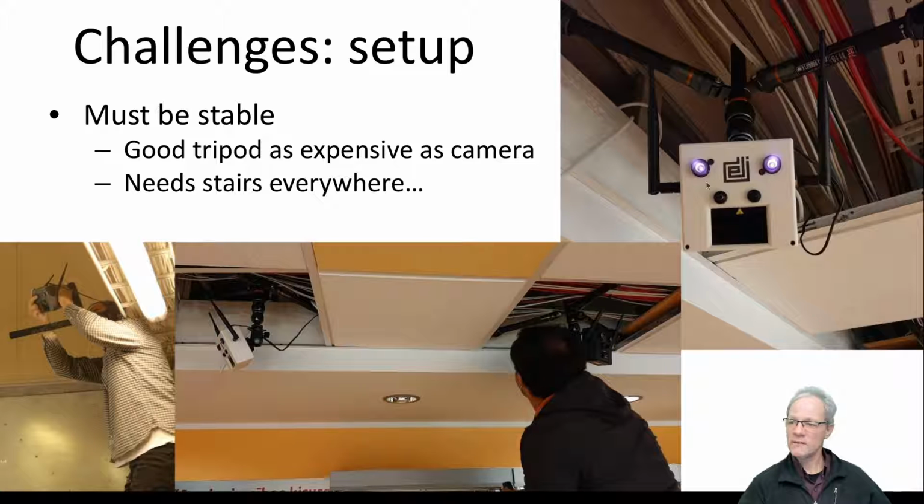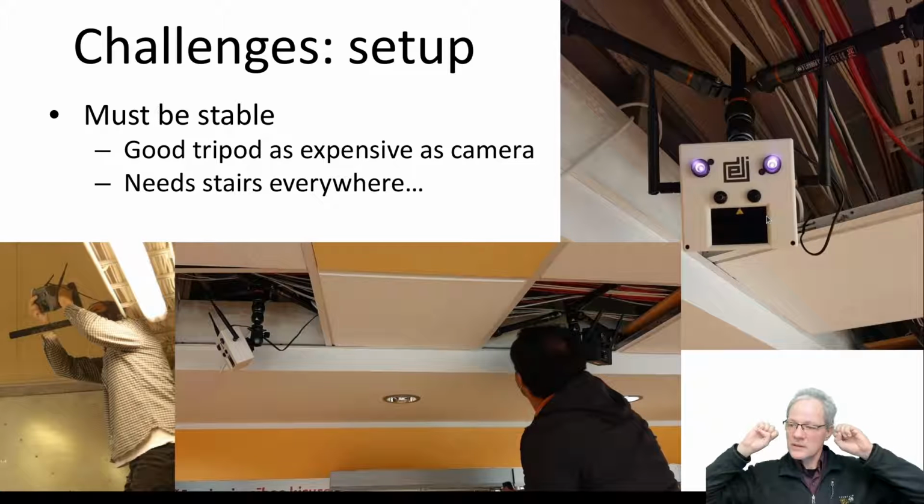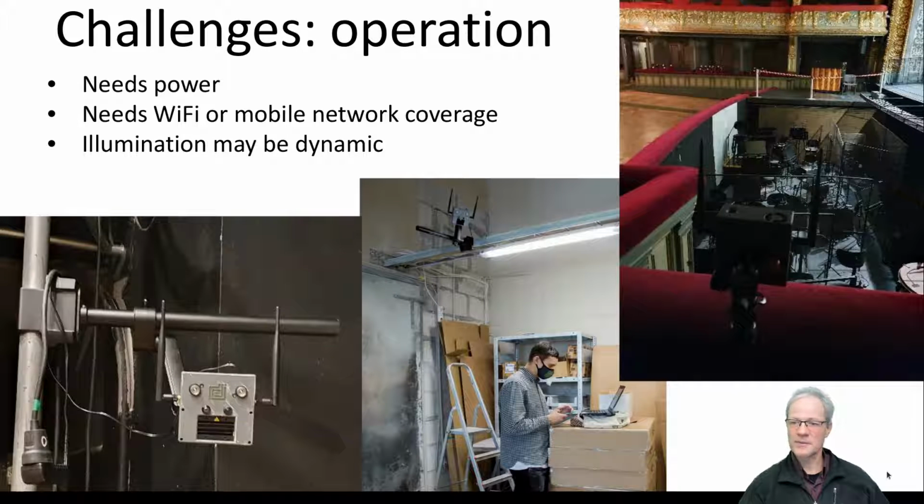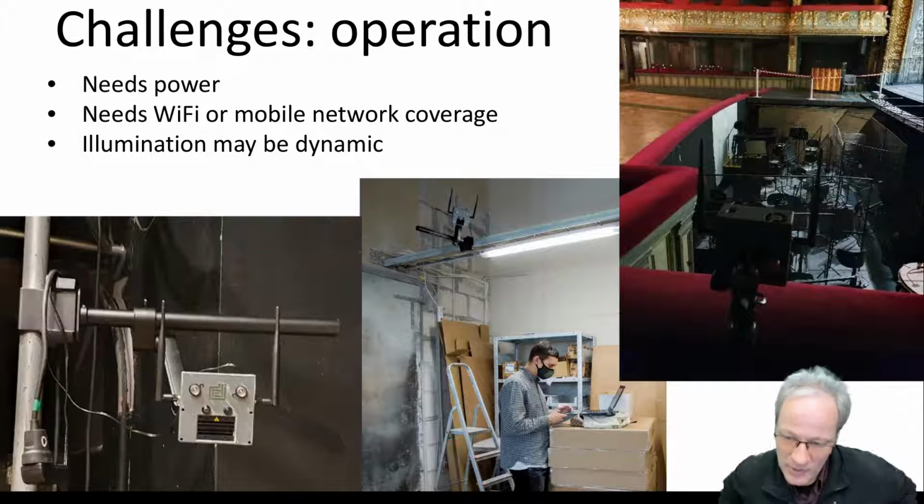This system would have two cameras, I believe, to create a stereo vision to extract the coordinates better. I think that was the solution here. It also always needs stairs to get up close to the ceiling, and sometimes it's a challenge to get those stairs.